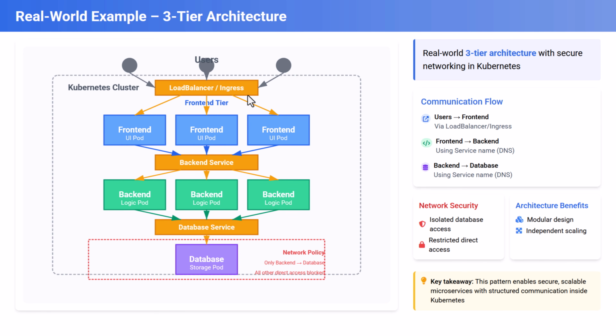All other direct access is blocked. This prevents misuse or attacks. This layered approach brings modularity, security and scalability, which is perfect for microservices-based applications. And the key takeaway is this is a real-world pattern that enables scalable microservices which secure and structure the communication inside Kubernetes.